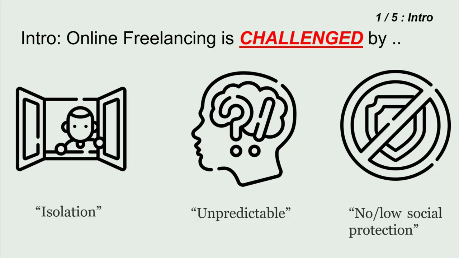Third is low and sometimes non-existent social protection. Indeed, online freelancing is a very recent field, especially in developing countries. Consequently, legislations and laws are not yet fully adapted to it. Let's then close this introduction by stating the main expected future trends regarding online freelancing.